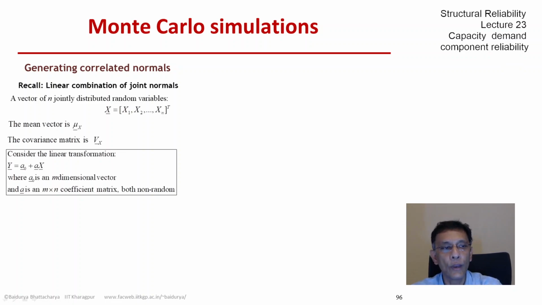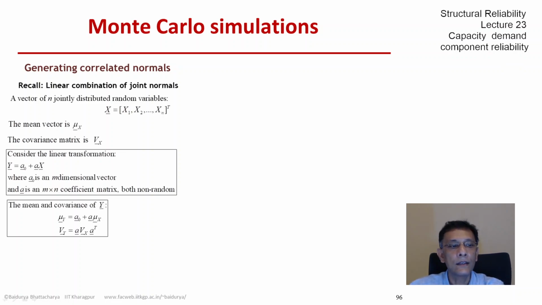So we are going to again use the same linear transformation that we saw, but in reverse order. If we have any random vector x and we do a linear transformation on that, we would get a new random vector y with mean and covariance that you see on the screen. Now, if the x's are jointly normal, then y is joint normal as well, that we know.